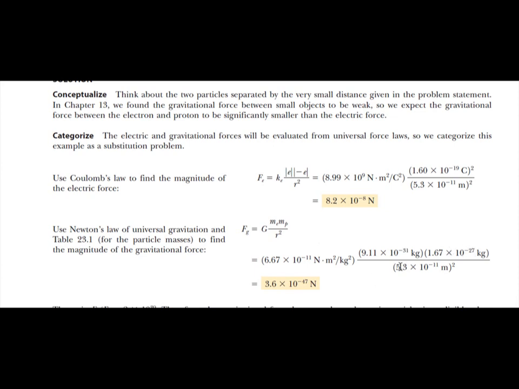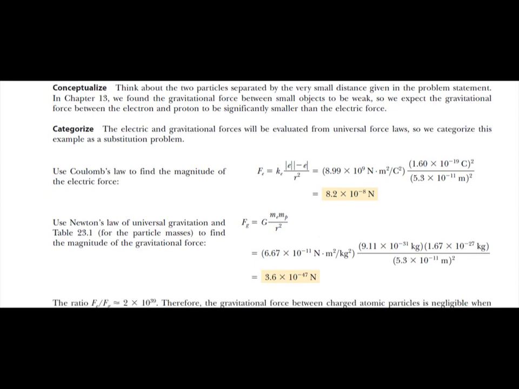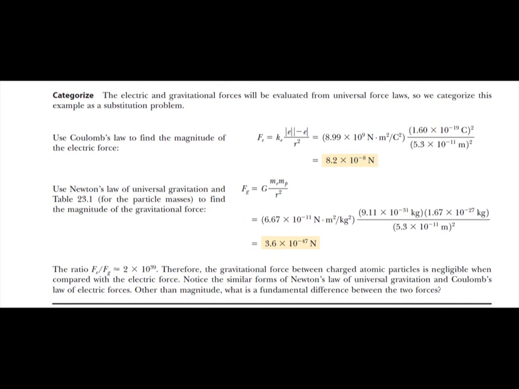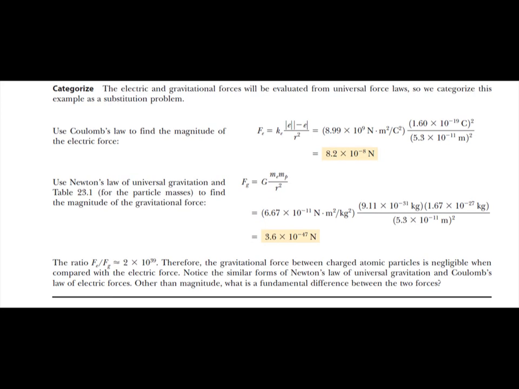We divide by the distance between their centers, which is 5.3 times 10 to the power minus 11. The answer we get is 3.6 times 10 to the power minus 47 newtons. So from this we can see that the electrostatic force is very much greater than the gravitational force between the two particles.